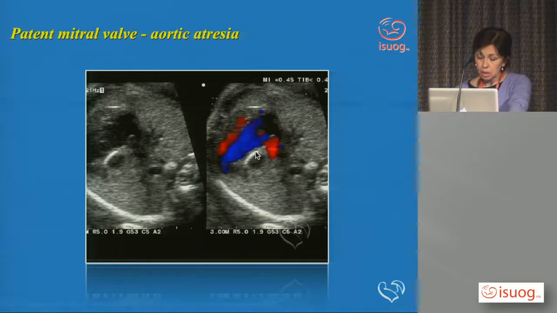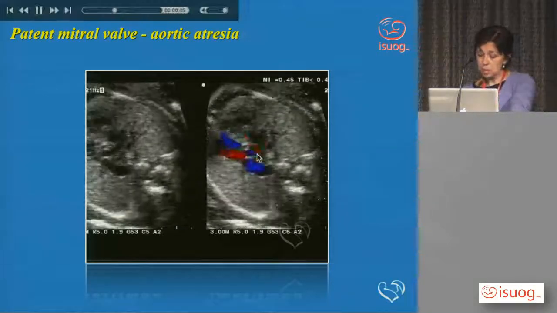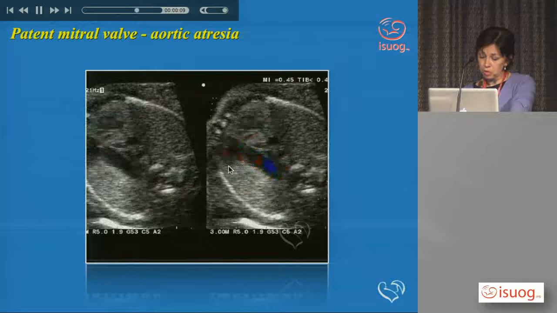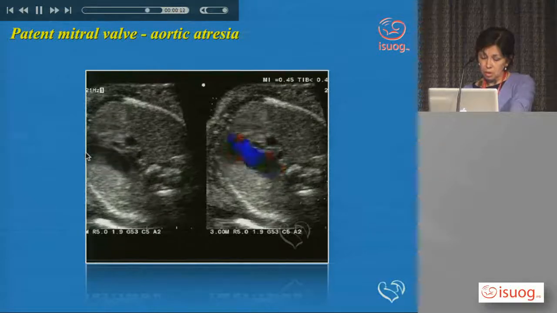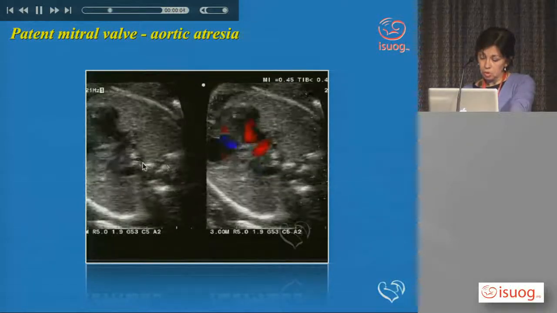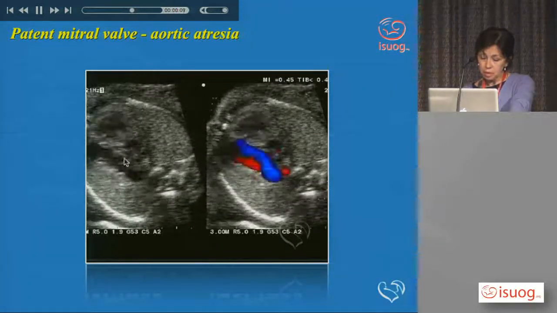Now, this is a different case where there is no, it's the same case. We're going to look at the vessels. So we're starting from that small ventricle and the big right ventricle flows through the aortic arch. And the aorta here, although there is no forward flow, is a little bit bigger.